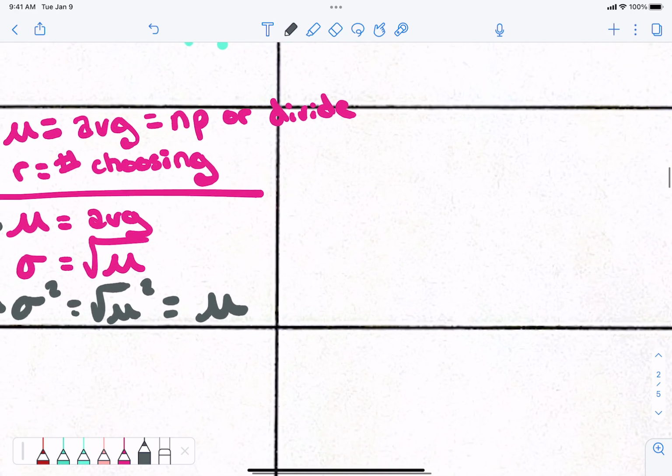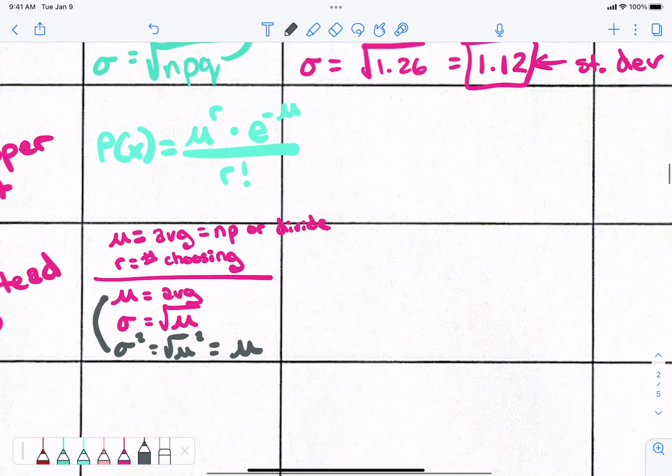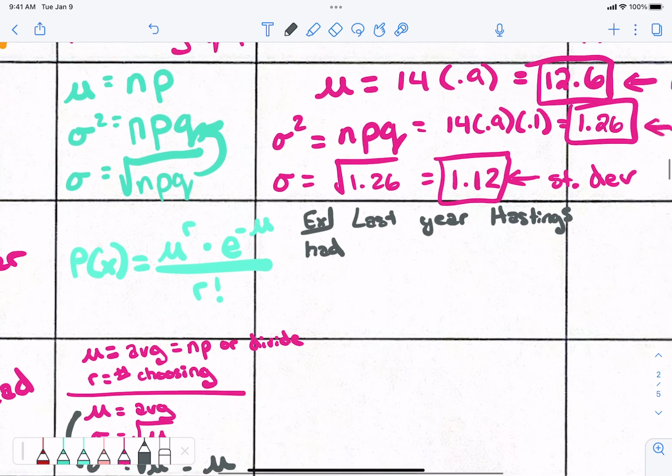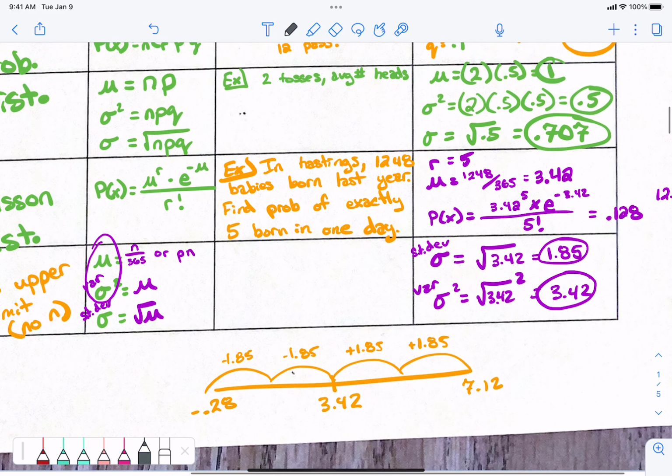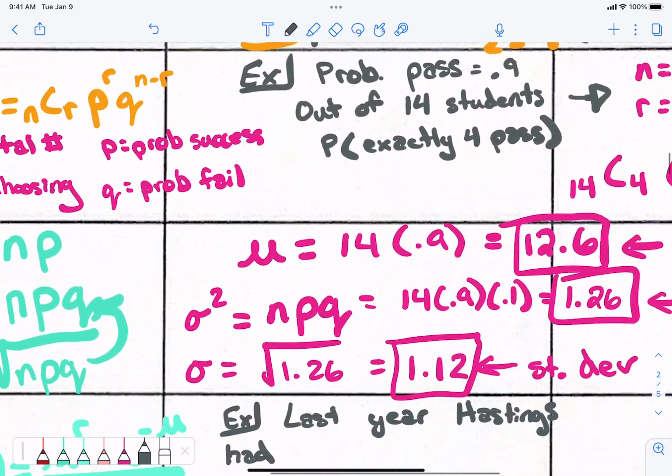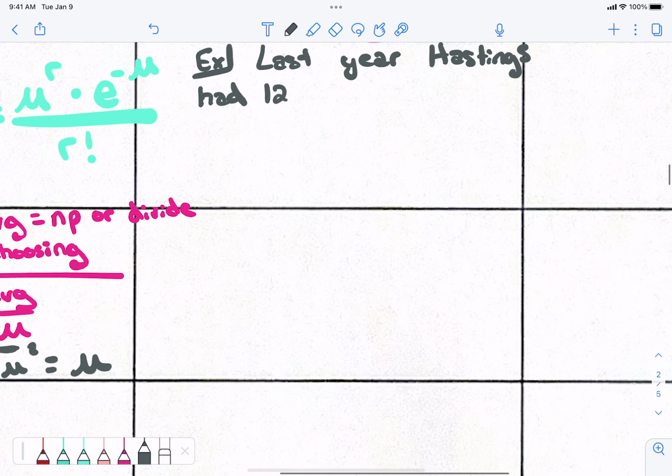Okay? All right, ready for an example? Here's your example. Last year, Hastings Hospital, Mary Lanning, had 1248 babies born. I'm just making these numbers up.